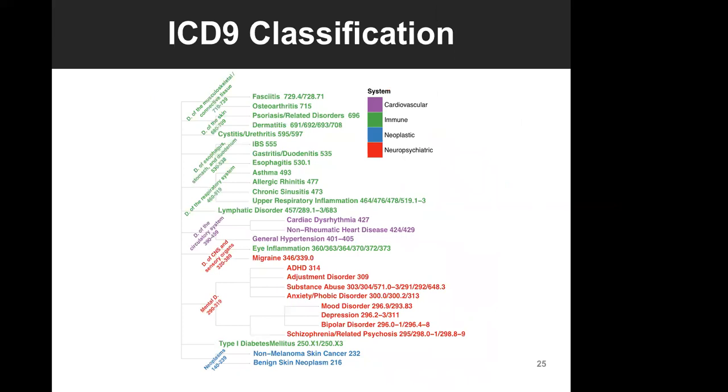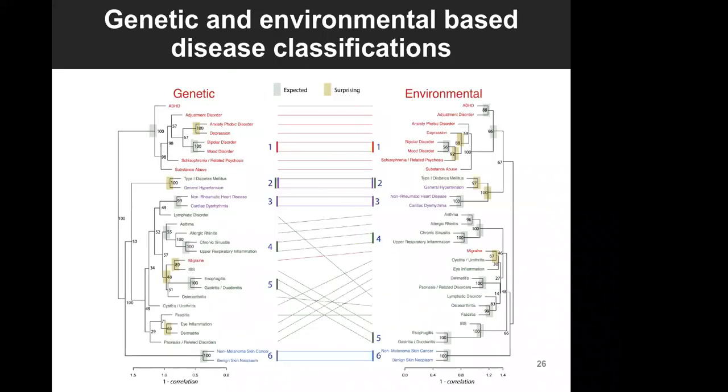Here you can see all the immune system diseases and inflammatory diseases cluster tightly together, cardiovascular diseases cluster together, eye inflammation and migraines are diseases of the central nerve and sensory organs, and all the neuropsychiatric diseases are in the mental disorders category. So this is how ICD9 classifies diseases.